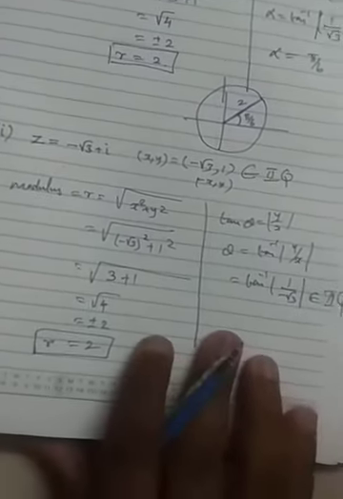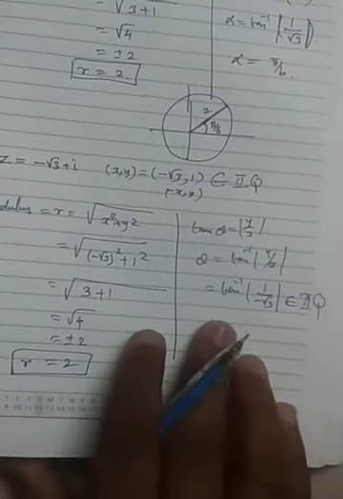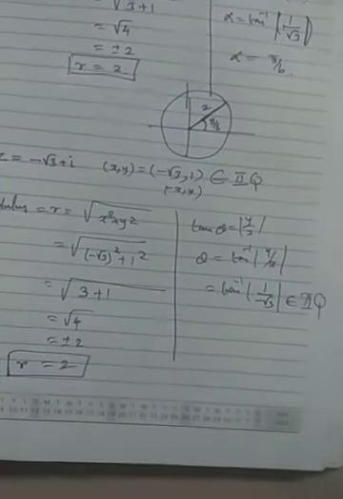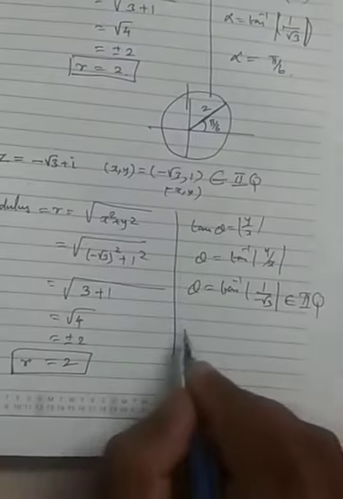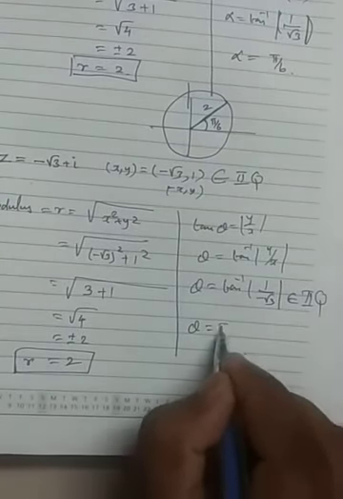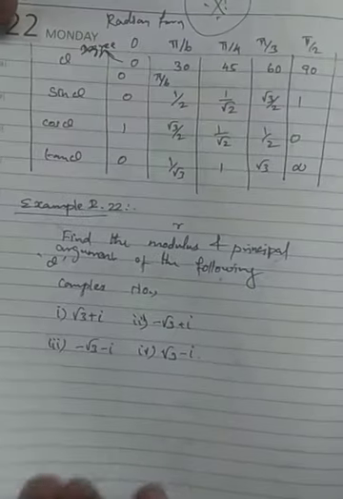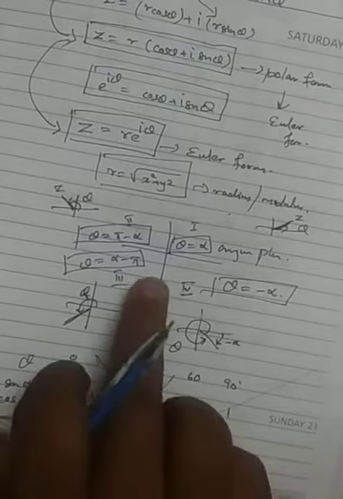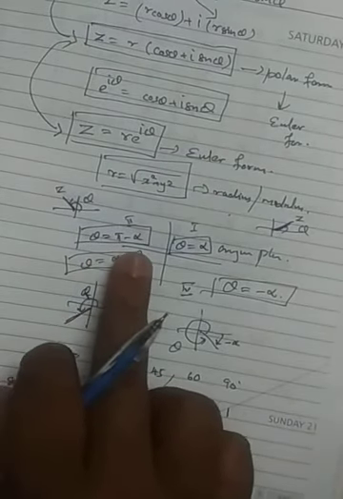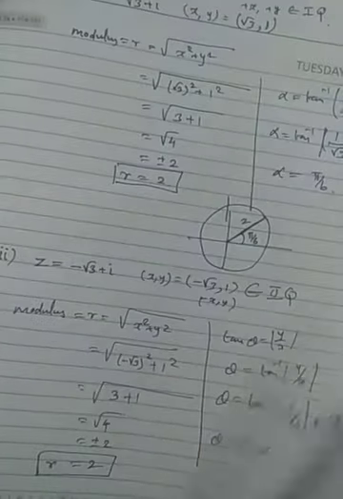Here the x value is negative. For that reason theta value is pi minus alpha for the second quadrant. I have written it in the beginning itself. Second quadrant, so pi minus alpha. So we write that value here.